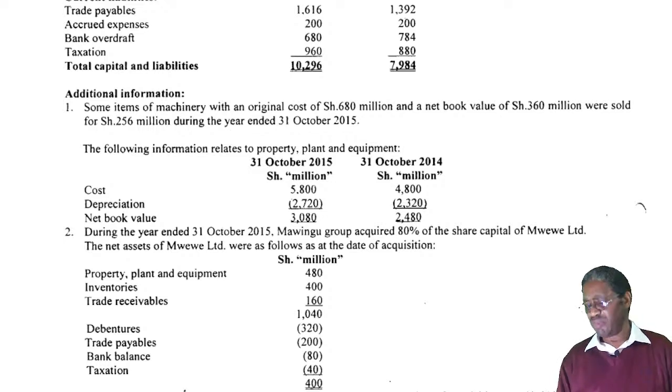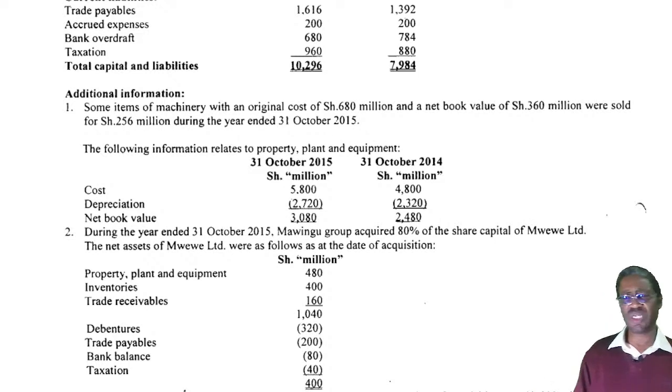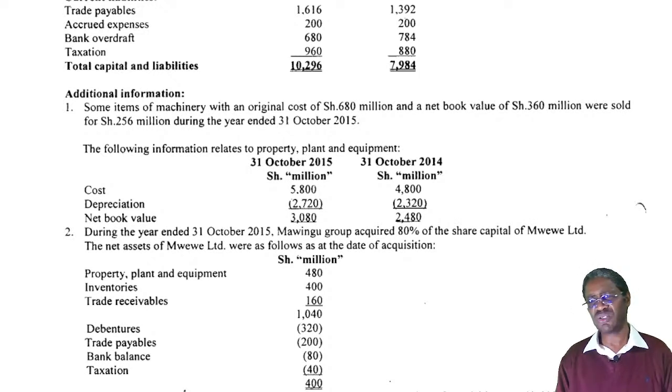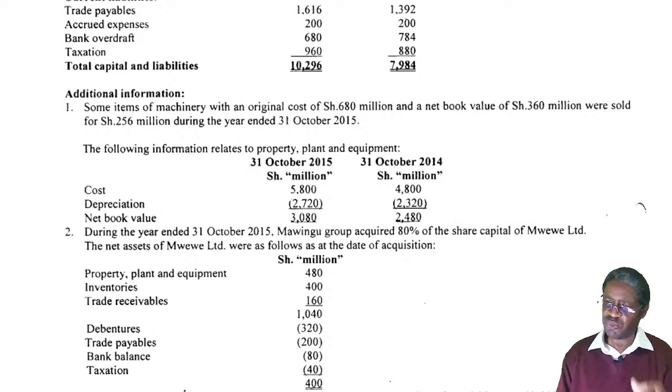If we read note number 1, it says, some item of machinery with an original cost of 680 million with a net book value of 360 million was sold for 256 million. Obvious, there was a disposal.